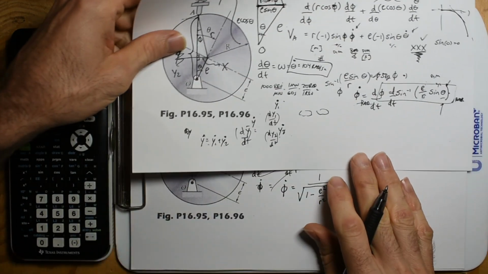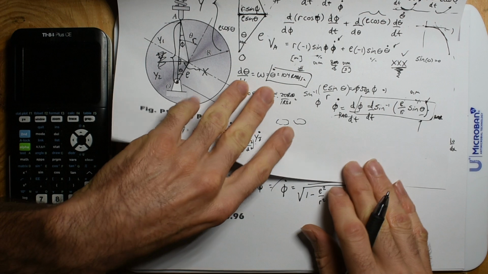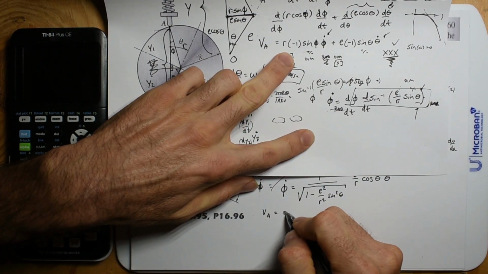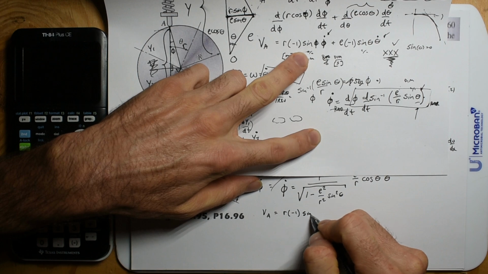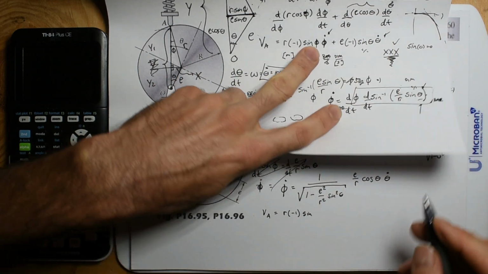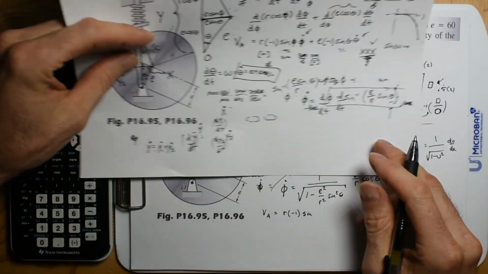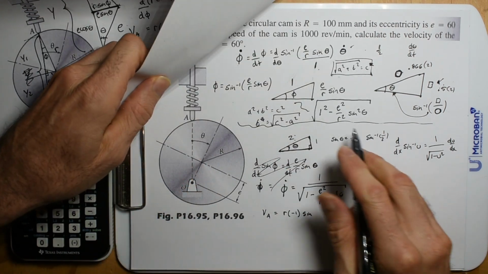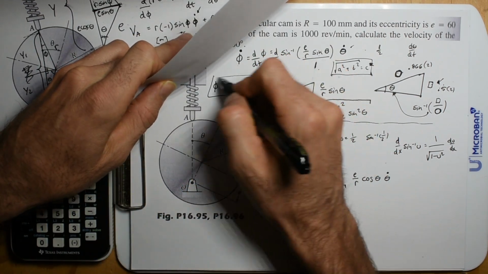So let's go back to here. We got to here: we said that v of A was r negative 1 sine phi. So now we can throw in our equation for phi, which is right here.